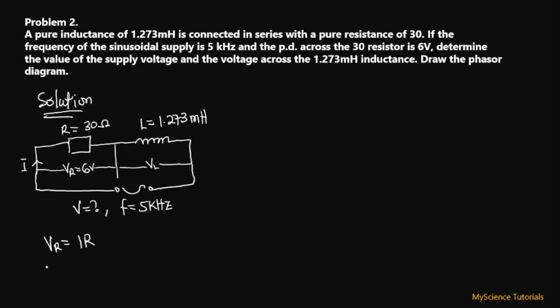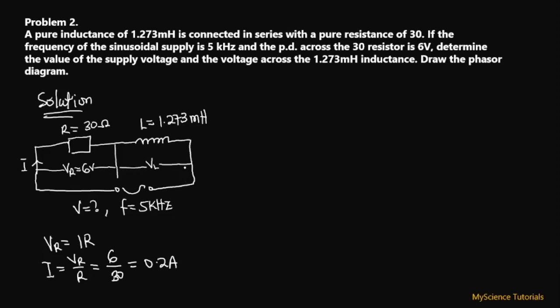So making current the subject, we get I equals VR over R, which is 6 over 30. If we do the computation, we get 0.2 amperes as the current flowing through this entire circuit.